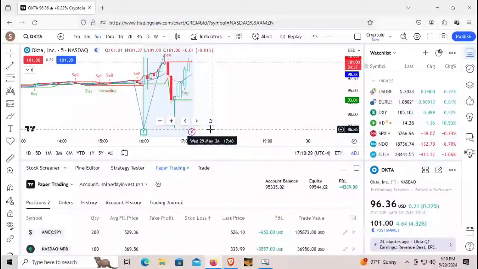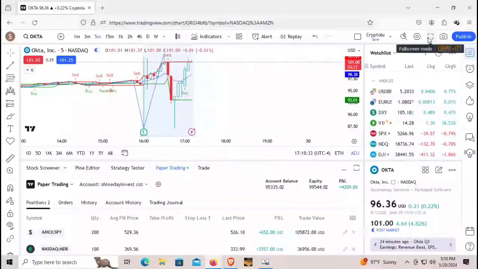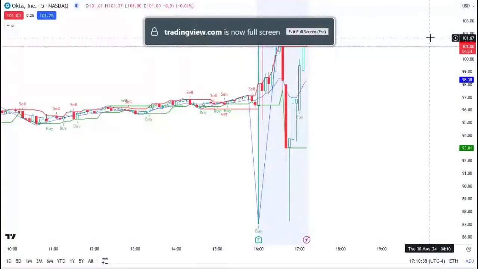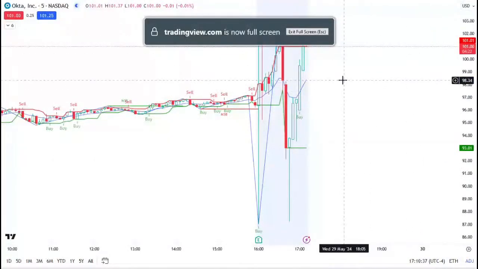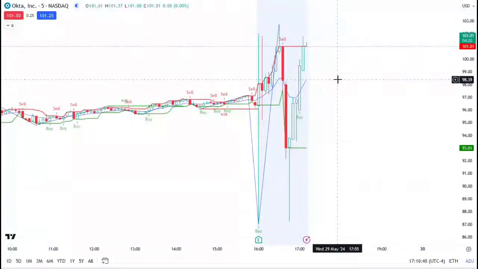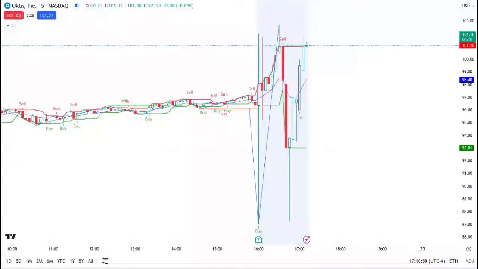Building a resistance at $100, up 4%. I don't understand what's going on over here. I thought I was losing money, but right now it looks like I'm making money. Let's try to see it on my saved trades.